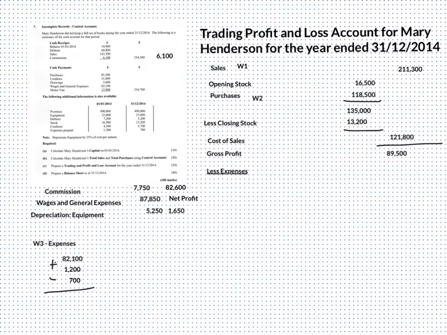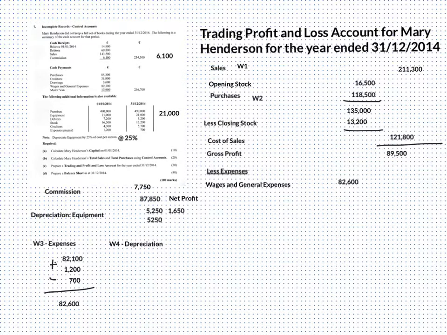So we take the 82,600, I have it pre-marked here. So 82,600 is the value of our expenses. So I'll just bring across the wording, wages and general expenses, and the total of wages and general expenses is 82,600.